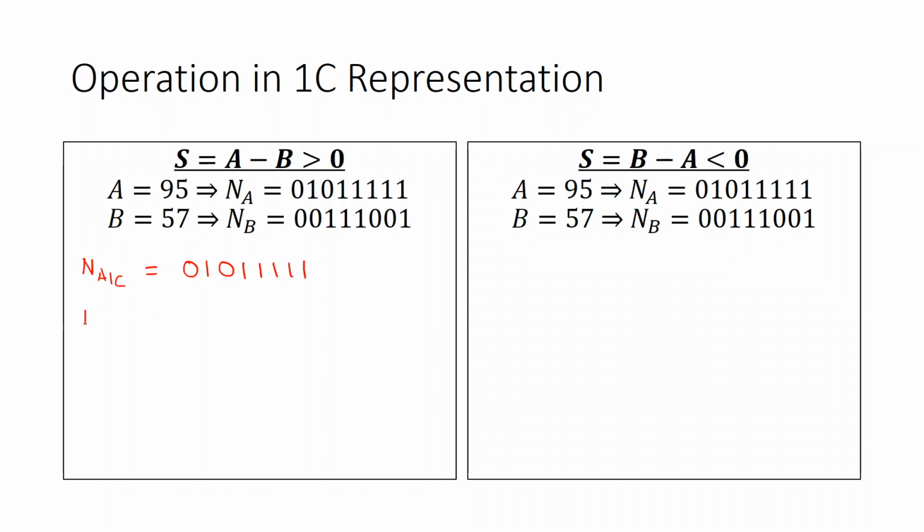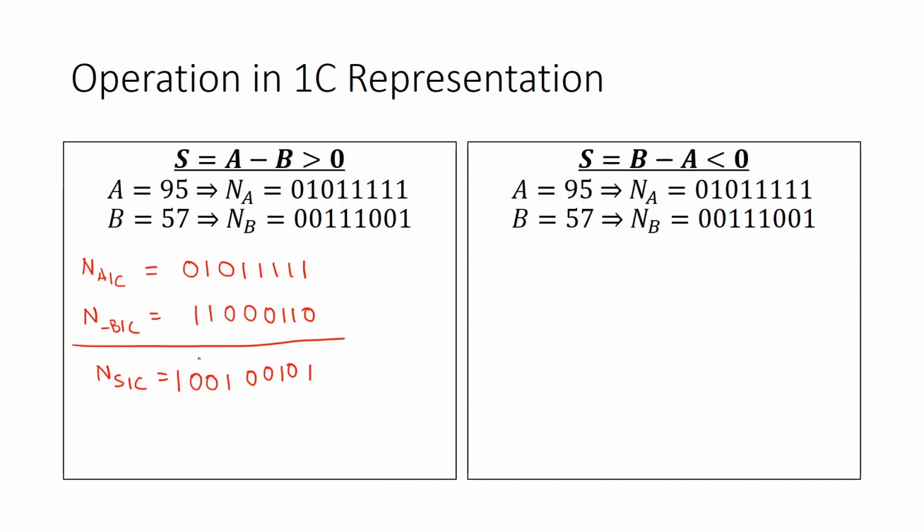And minus b in 1c is simply flipping of the bits, 1 1 0 0 0 1 1 0. Now you add, so your result in 1c would be 1 0 1 0 0 1 0 0 1. I hope I am correct.